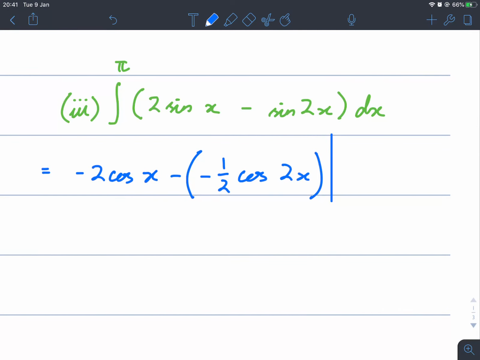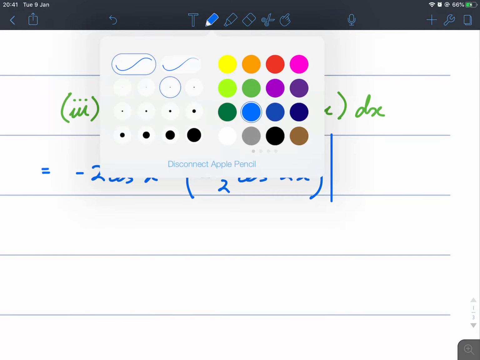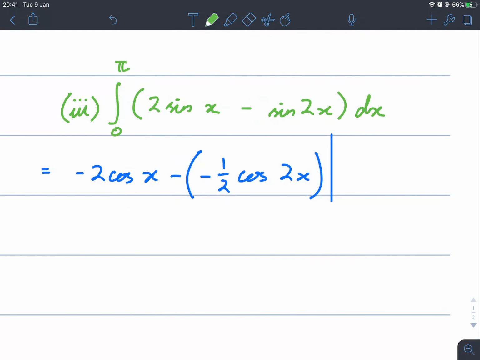I believe that was going to be from 0. Yep, I took a look at my notes. There we go. So it's from 0 to pi.